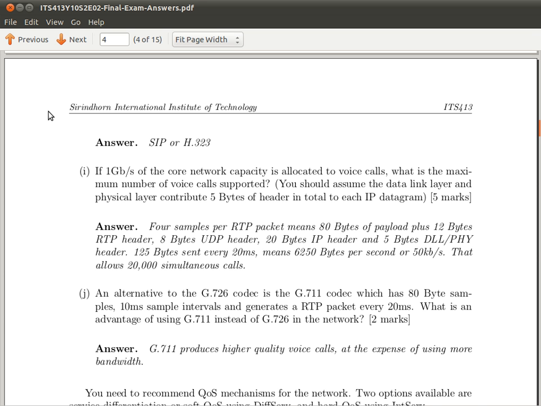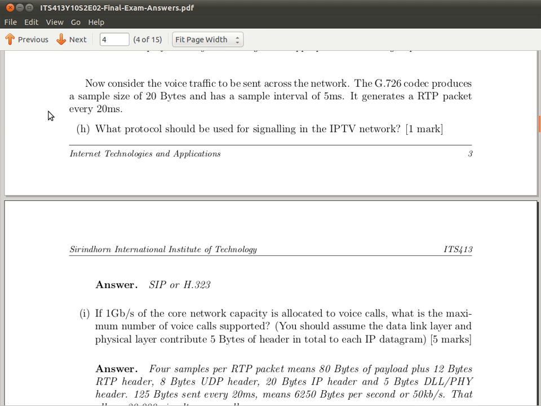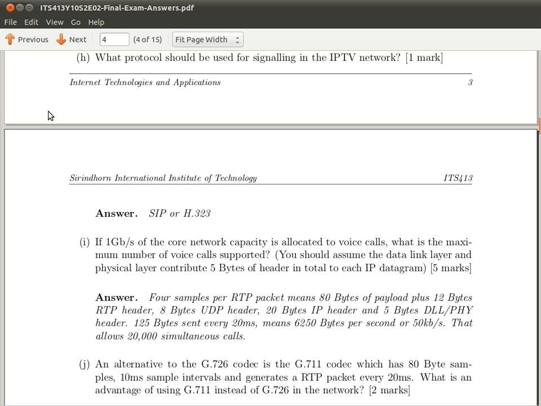And I think above the question says, how many calls can you support given some capacity? What's our capacity? Our capacity is 10 gigabits per second.